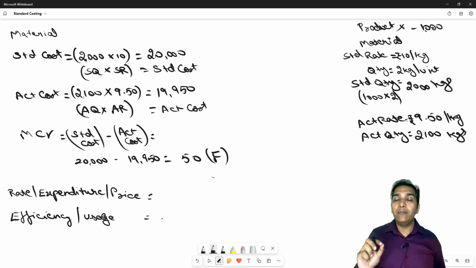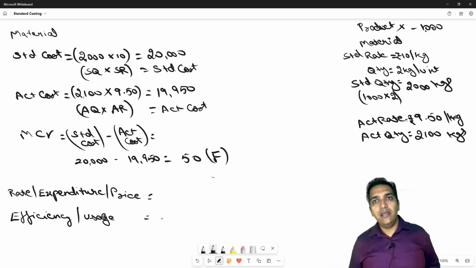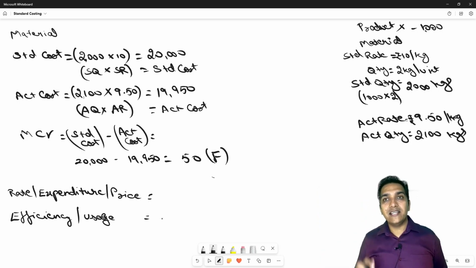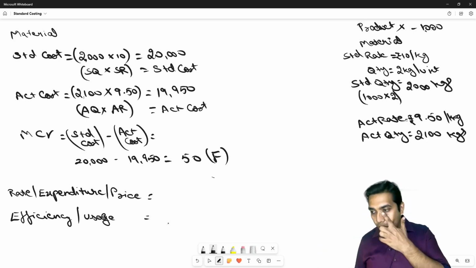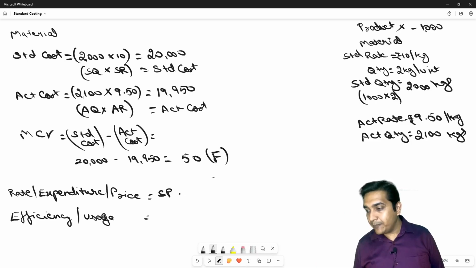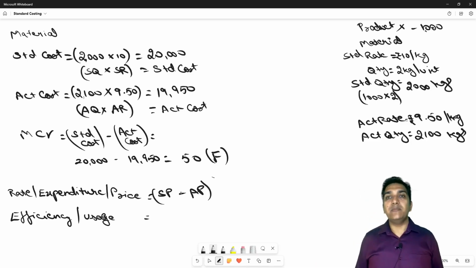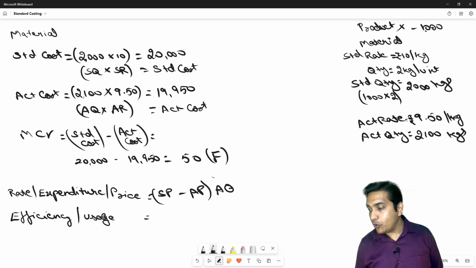Why? 50 paise is per unit, 50 paise is per kg of material, but how many kgs have I actually purchased? So the formula would be my standard price minus actual price, into my actual quantity.